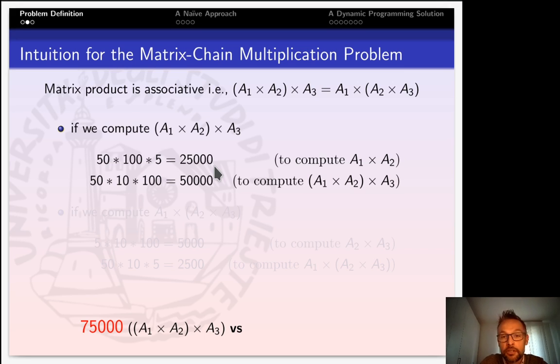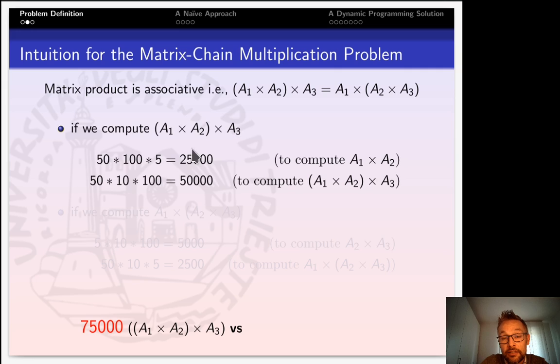What about multiplying what's inside this parenthesis to A3? Well, what's inside this parenthesis again has size 50 rows and 100 columns, while A3 has size 100 rows and 10 columns.